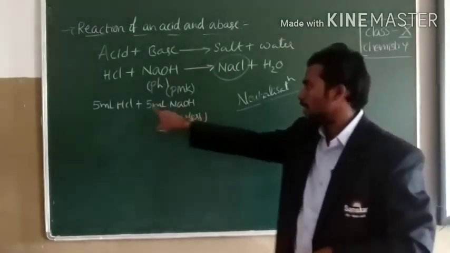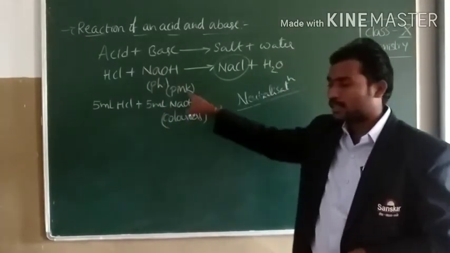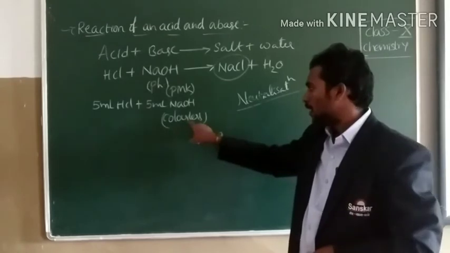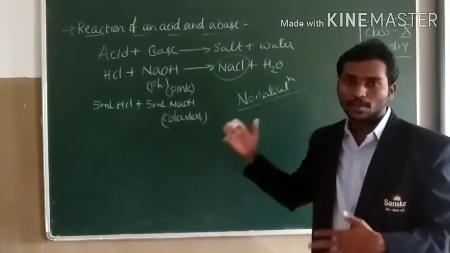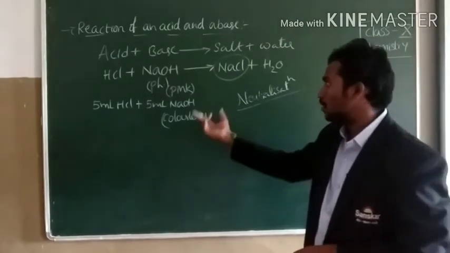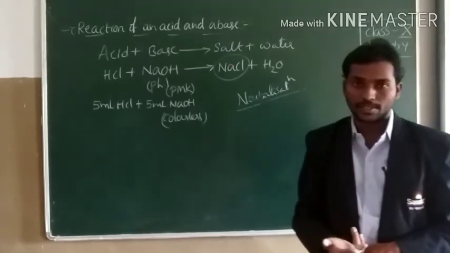That is the reason why, when 5 ml of hydrochloric acid is added to 5 ml of sodium hydroxide, the color changes from pink to colorless. Then the acid neutralizes the base. This is called a neutralization reaction, also called an acid-base reaction.